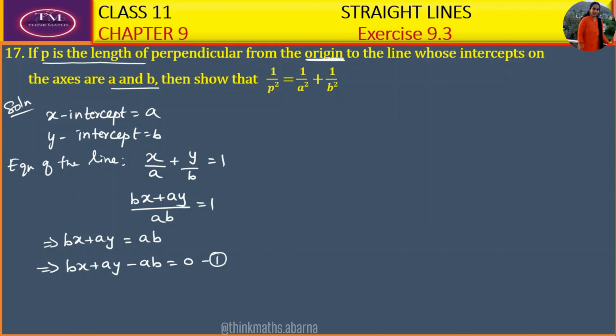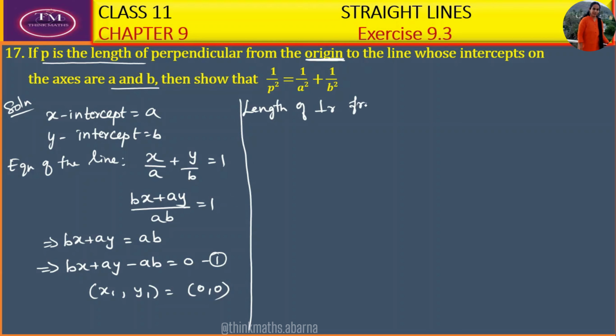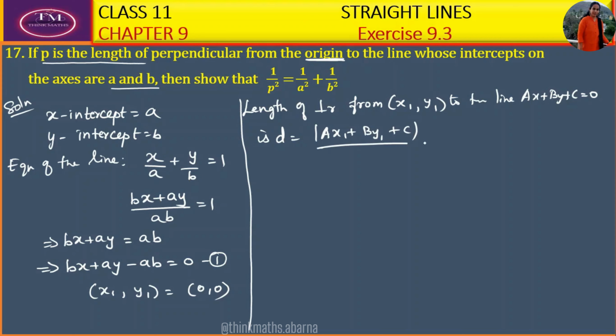Where is the perpendicular? The perpendicular is from the origin. So therefore (x1, y1) equals (0, 0). Now we know that the length of the perpendicular from (x1, y1) to the line ax plus by plus c equal to 0 is d equal to the modulus of a x1 plus b y1 plus c, divided by the square root of a square plus b square.